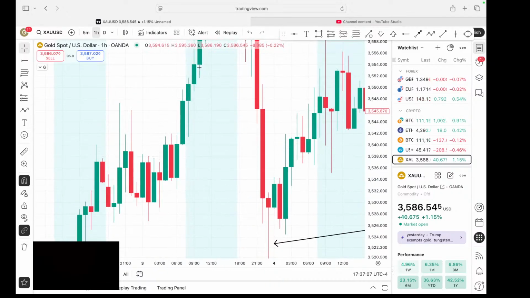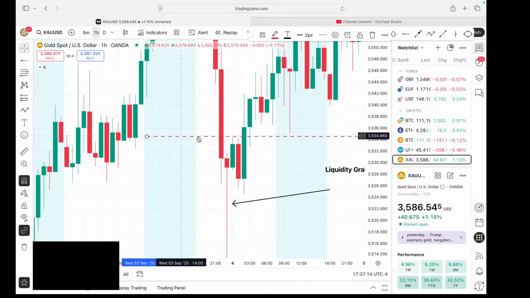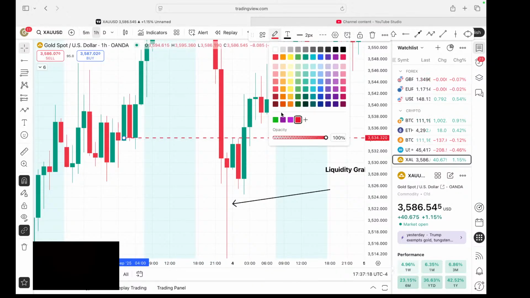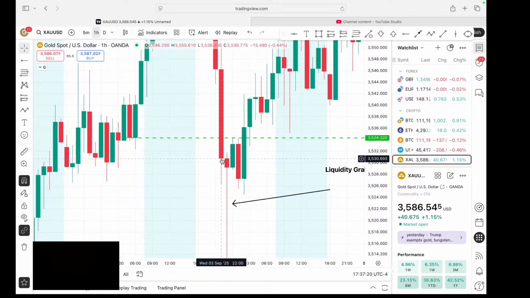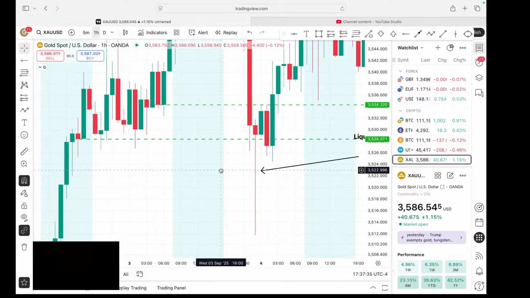Once it makes a higher high, this becomes support. So price broke below this, and we could even put it right here as well, because this is the lowest. Price broke below this, and then it swept all the buyers out of the market or out of the trade.